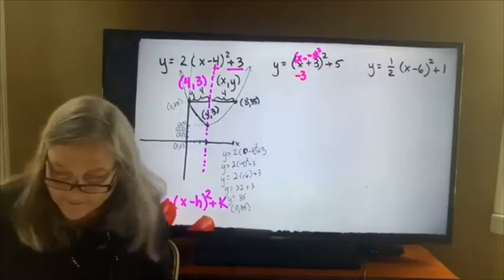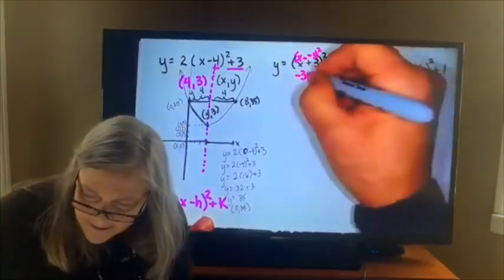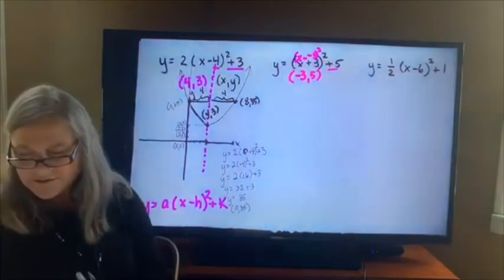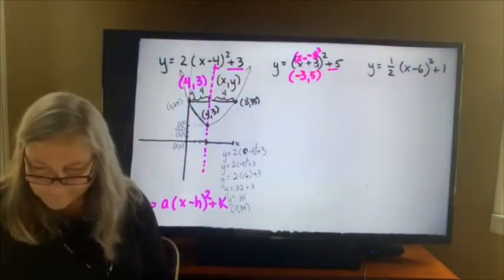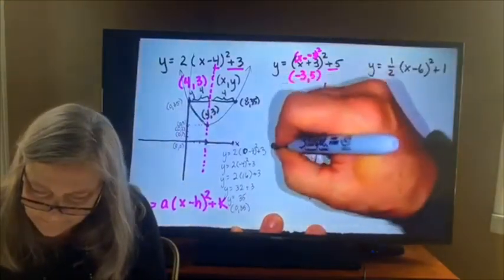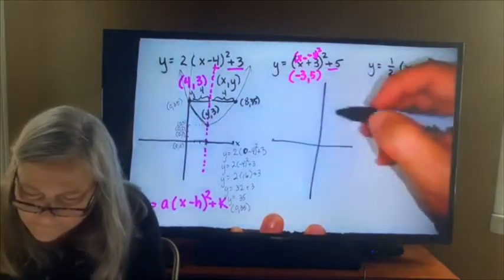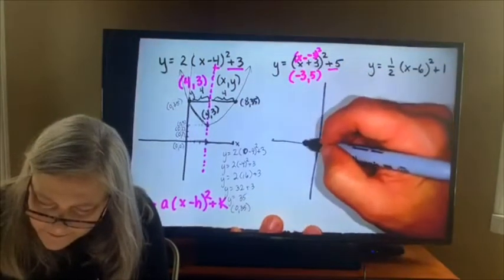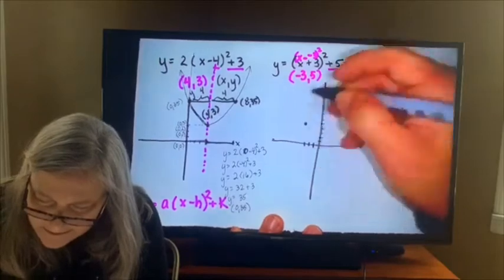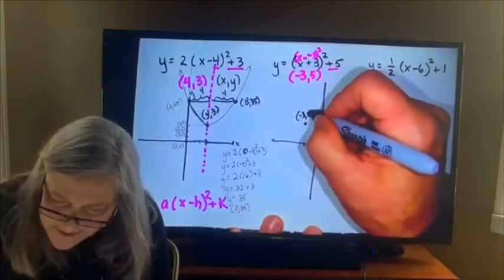So we have a -3 there, and then our k is out here, so that's 5. So let's go ahead and graph this. All right, so we have 1, 2, 3 negatives, 1, 2, 3, 4, 5 positives. So here's our vertex, (-3, 5).